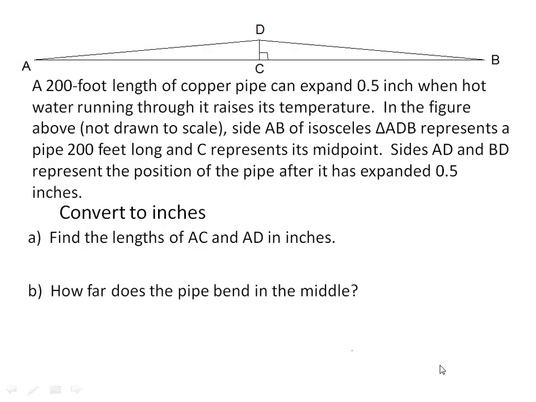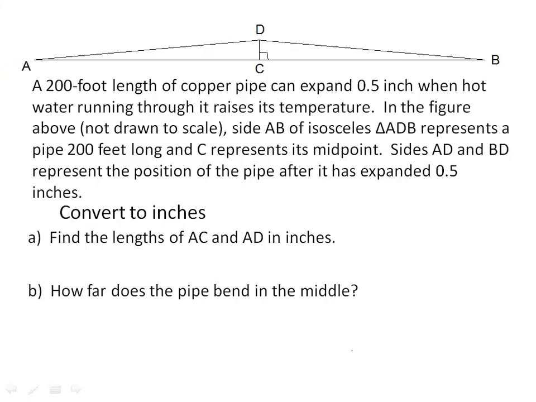A 200-foot length of copper pipe can expand a half an inch when hot water running through it raises its temperature. In the figure above, not drawn to scale, side AB of isosceles triangle ADB. So stop for a minute and examine what's isosceles triangle ADB. You can see that it outlines really the whole figure.